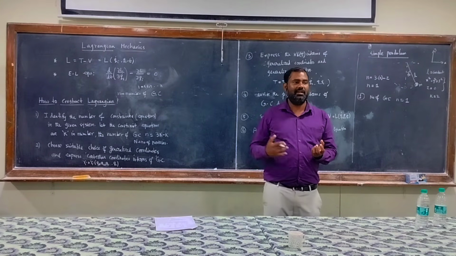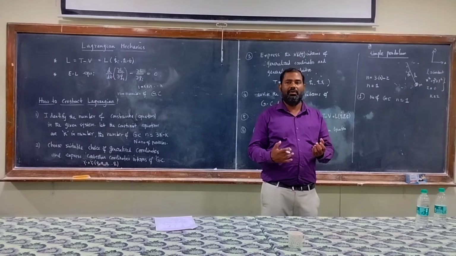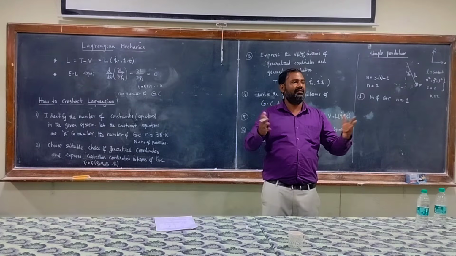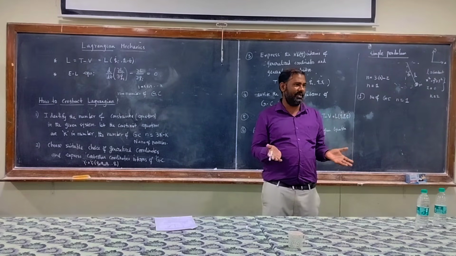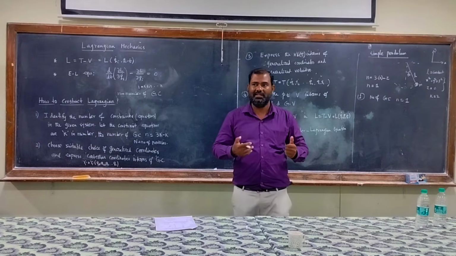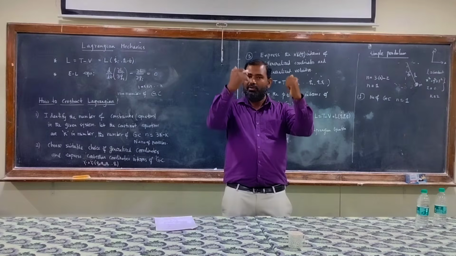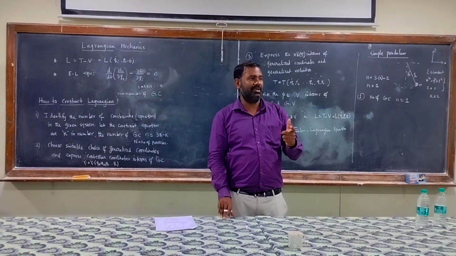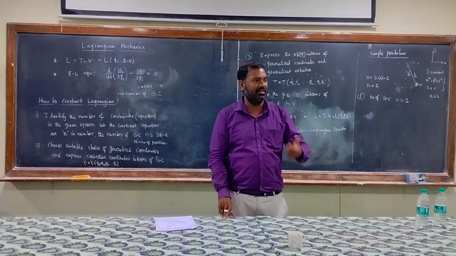But if constraints are introduced in the system, it will try to reduce the degrees of freedom. Understand? In general, a particle has 3 because it's a 3-dimensional space. Whenever constraints are present in the system, the degrees of freedom are reduced by that number of constraints.